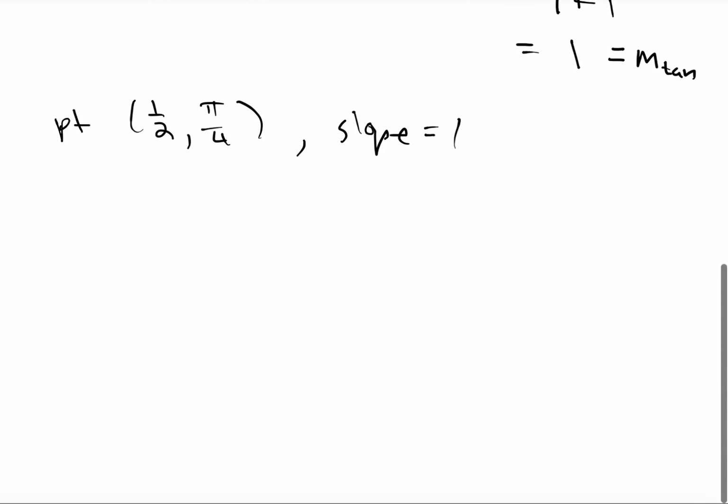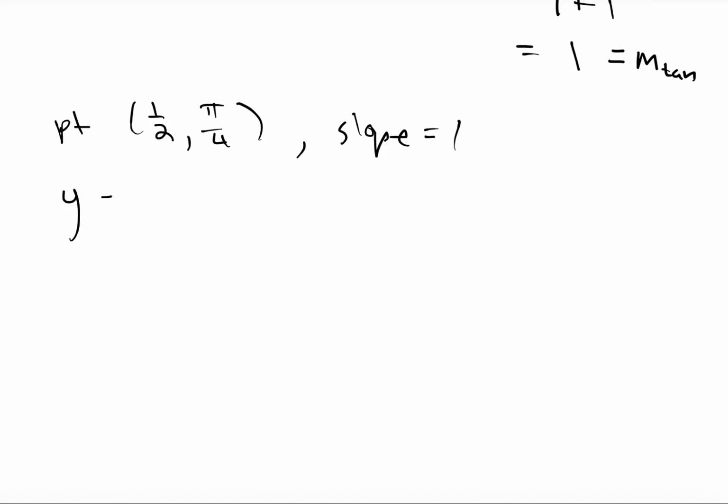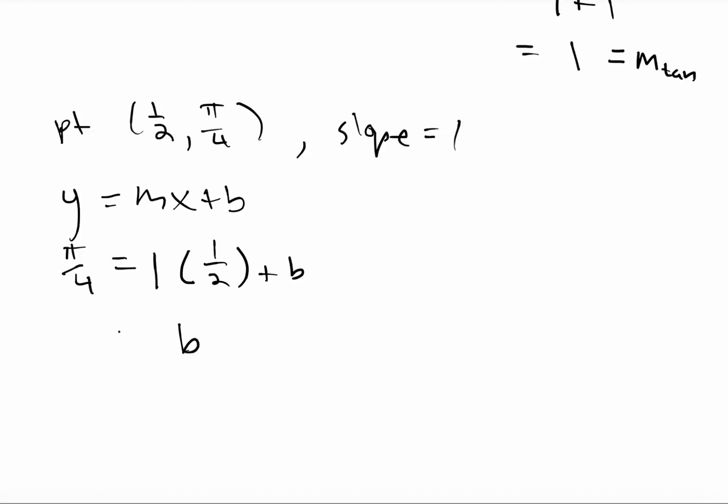If I want to combine this into a tangent line, well, we know that y is equal to mx plus b. I can go ahead and substitute some stuff in here, right? Pi over 4 is 1 times x, which is a half, plus b. It's going to look a little bit messy, but simplifies to a half. Pi over 4 minus a half is going to be my b.